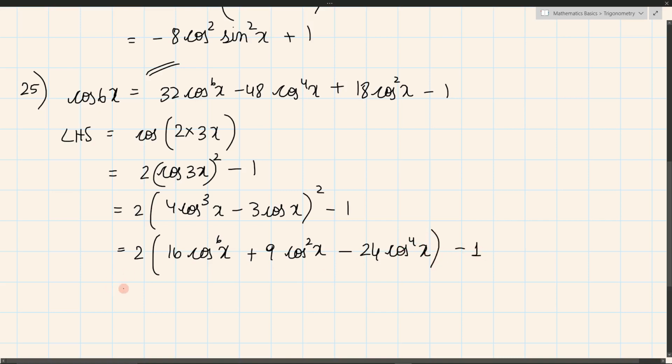So I'll multiply 2 as well. 2 into 16 is 32 cos to the power 6x. So I'll have 2 into minus 24 is minus 48 cos to the power 4x plus 9 into 2 is 18 cos square x minus 1.